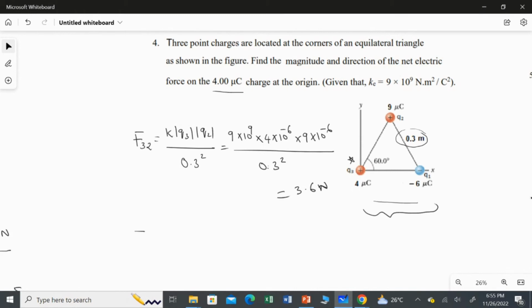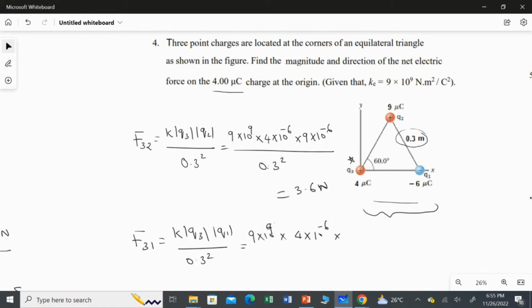Likewise, I have to find what is the electrostatic force between charge 3 as well as 1. Clear? Okay. F of 3 on 1 equals k times magnitude of 3 times magnitude of the first charge over, again, the distance 0.3 squared. I'm going to substitute the value: 9 multiplied by 10 power 9, multiplied with the third charge, 4 microcoulomb, so 4 multiplied by 10 power minus 6, and the first charge is minus 6 microcoulomb.